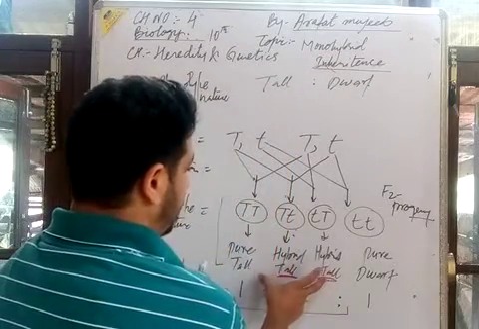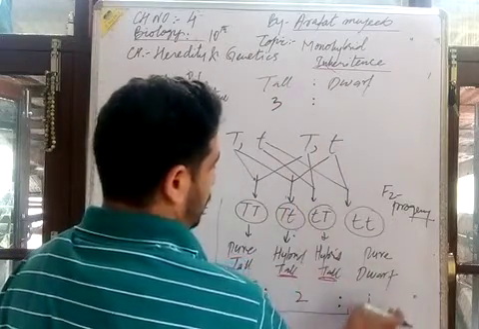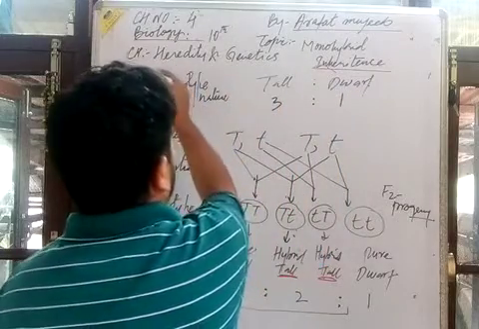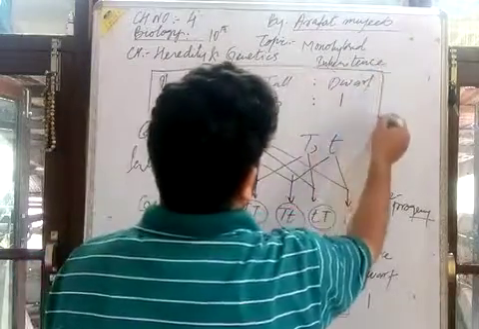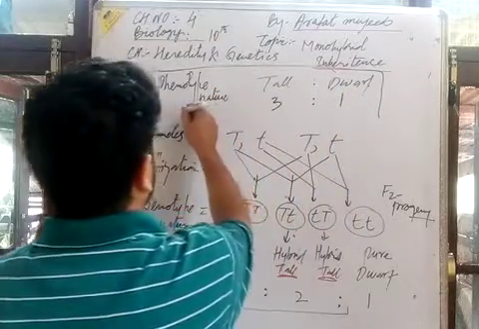Here the total tall are 3 and total dwarf, जो short type का pea plant यहाँ, that is 1. That means it is the phenotype nature. Tall is to dwarf. That is the phenotype ratio.